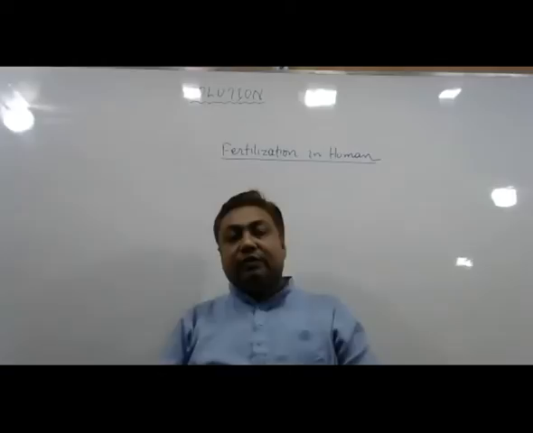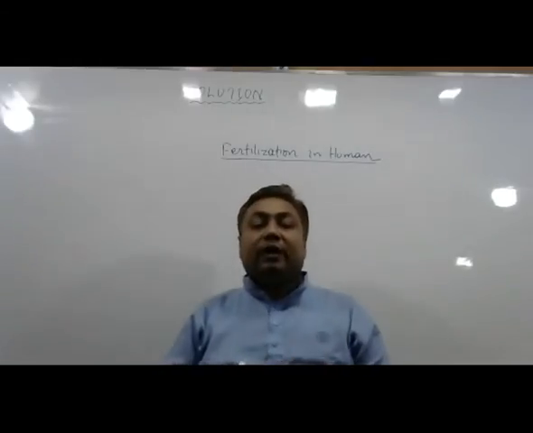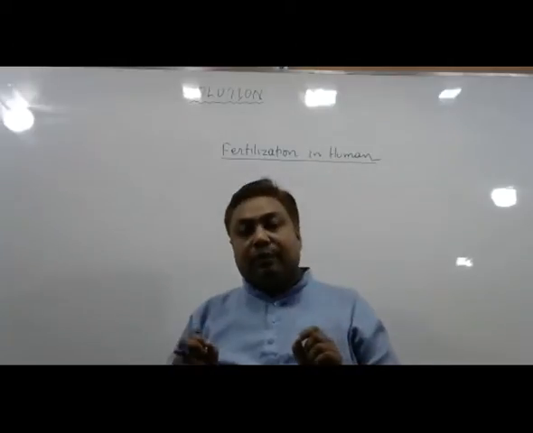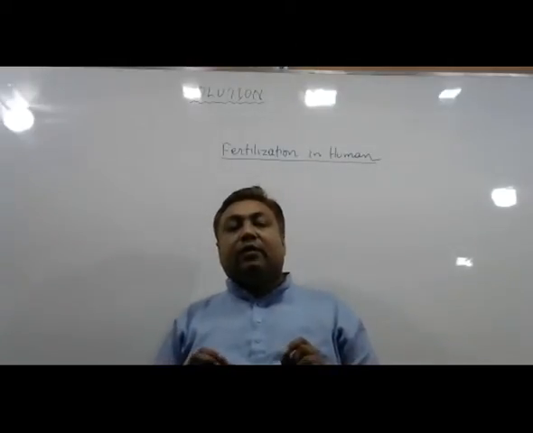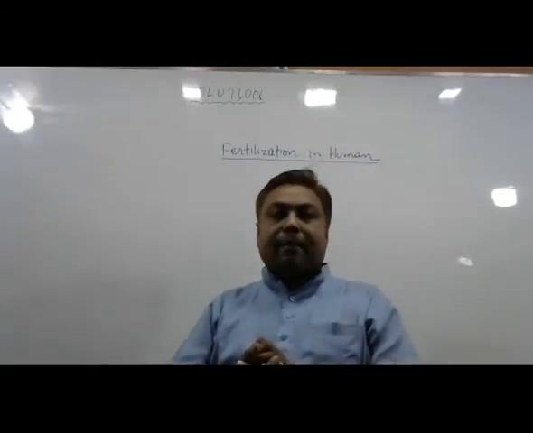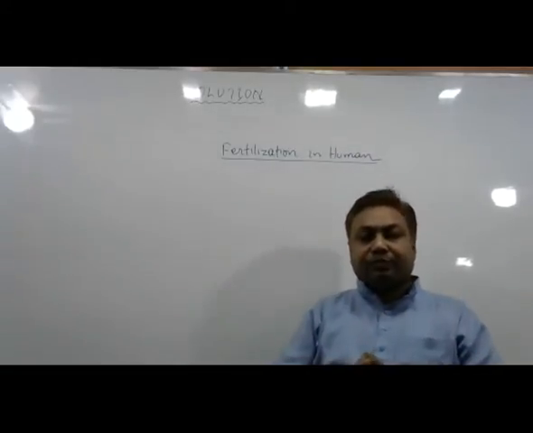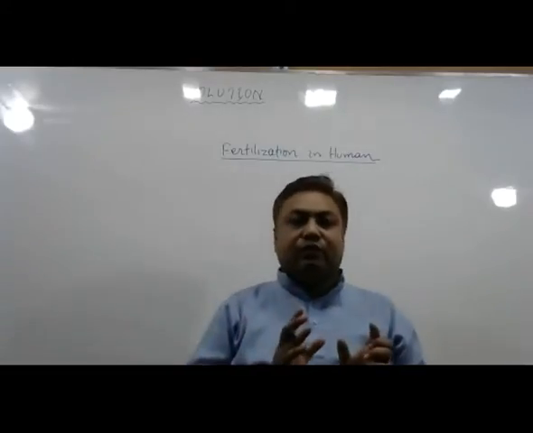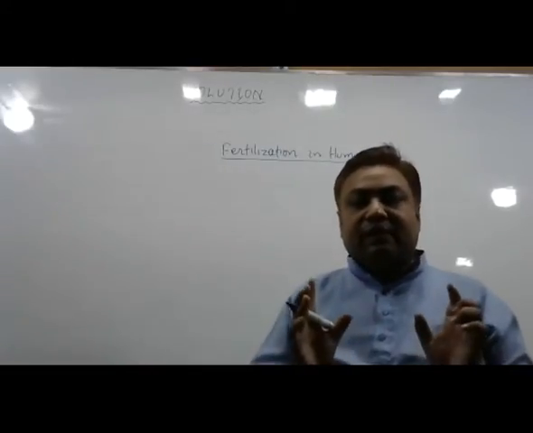And for fusion, what is required? Arrival of sperm in the female reproductive part where ovum is present. So, what is the position of ovum or secondary oocyte? It is present in fallopian tube.